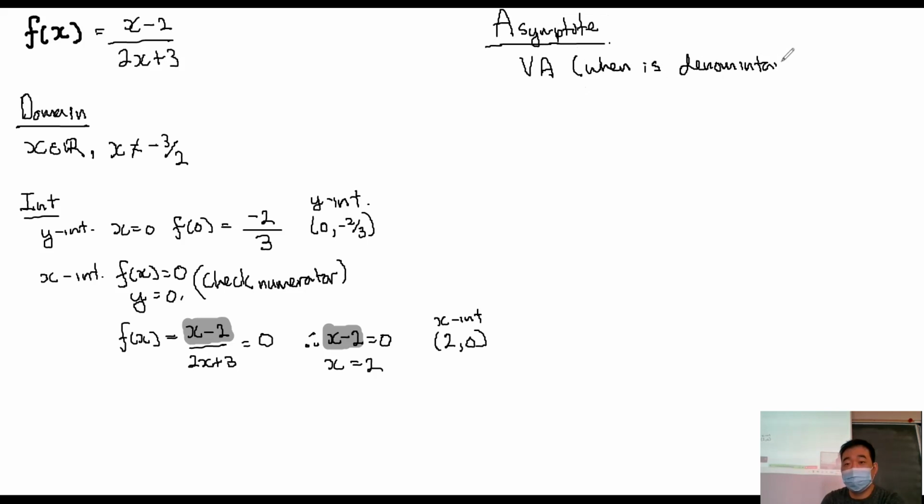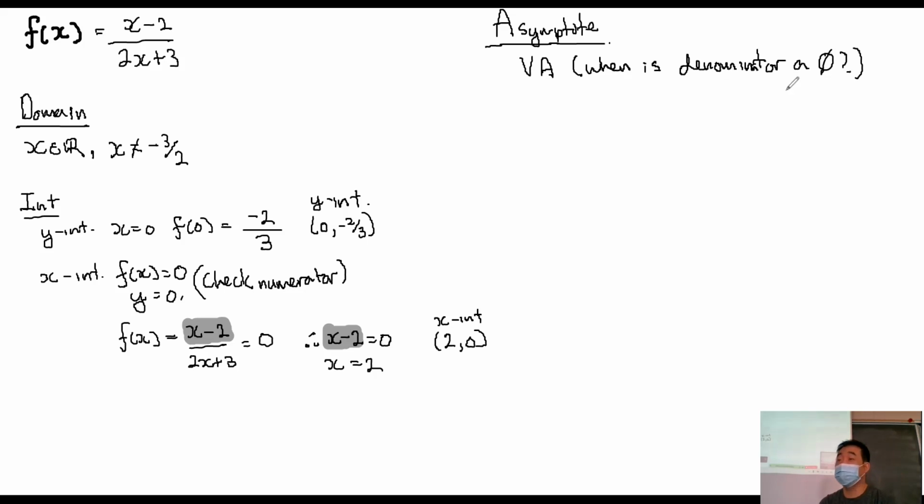Vertical asymptote is when is the denominator a 0?